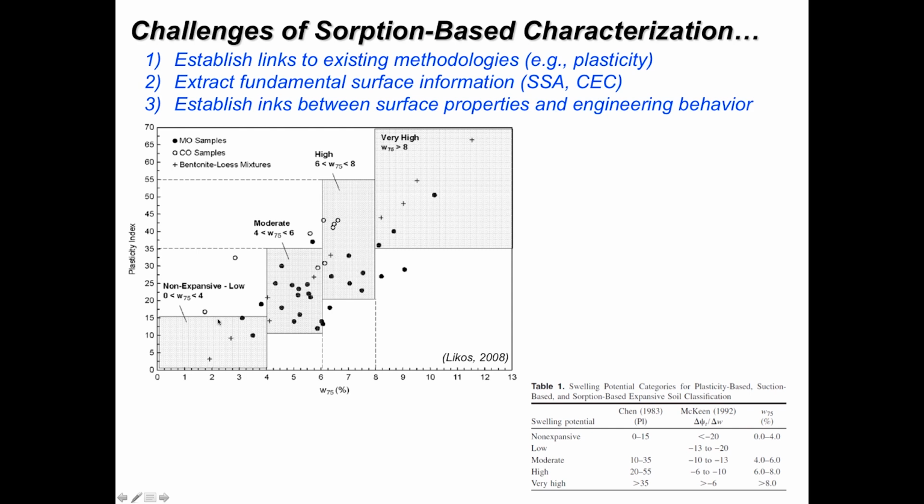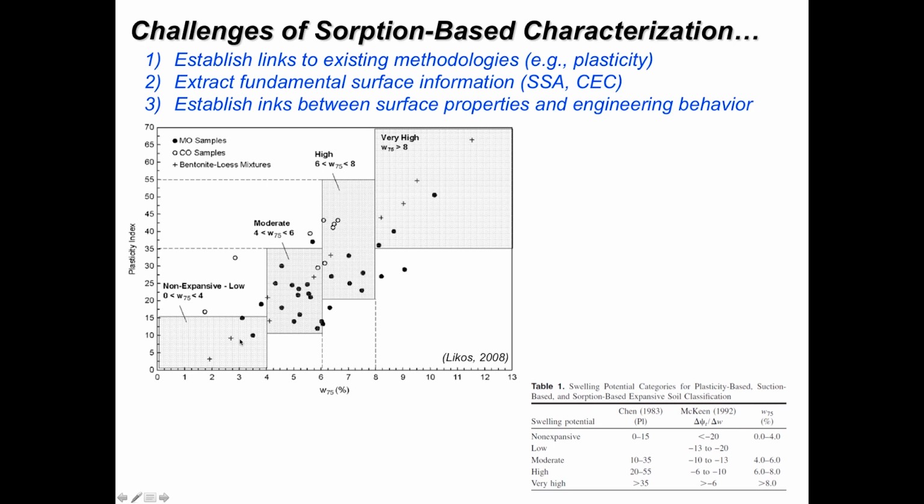These are those different categories, summarized again down here, of swelling potential based on plasticity index. Between 0 and 15, using in this case the Chen classification system based on plasticity index, that would correspond to a non-expansive or low expansive material. 10 to 35 PI, moderate.